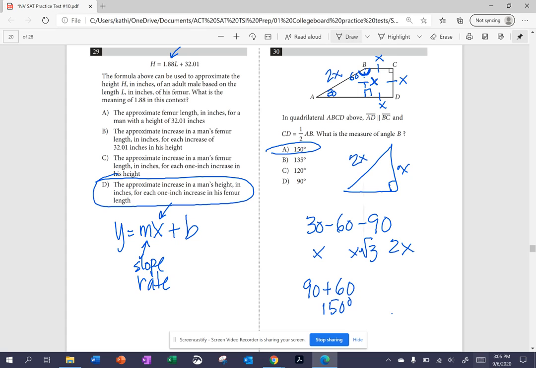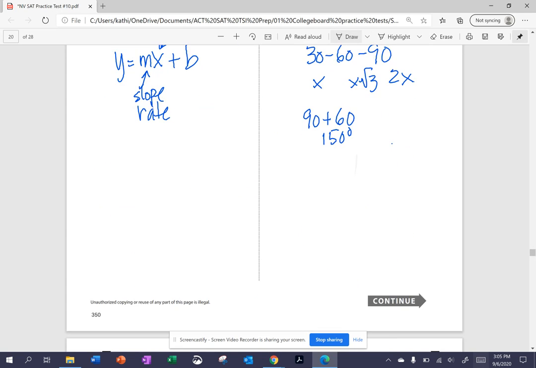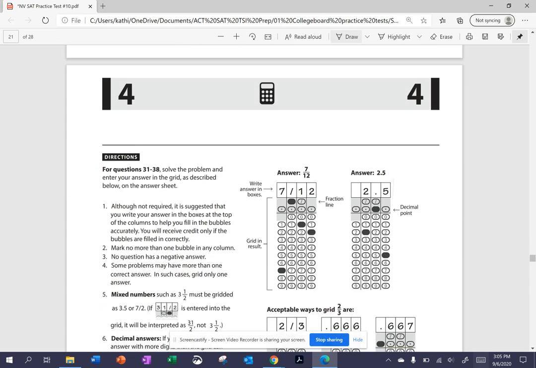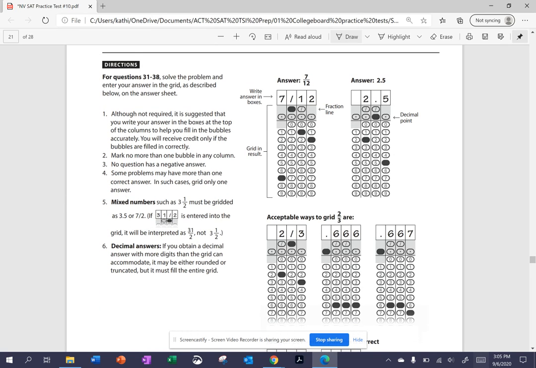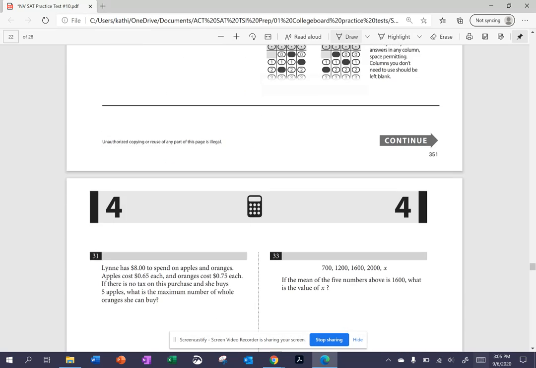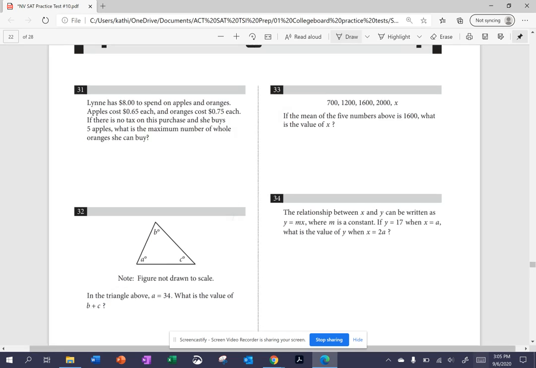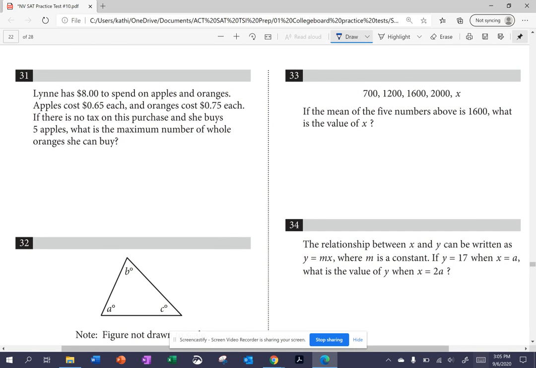31. Okay, we're to the free response section, same directions as the no calculator. Lynn has $8 to spend on apples and oranges. Apples cost 65 cents each, and oranges cost 75 cents each.